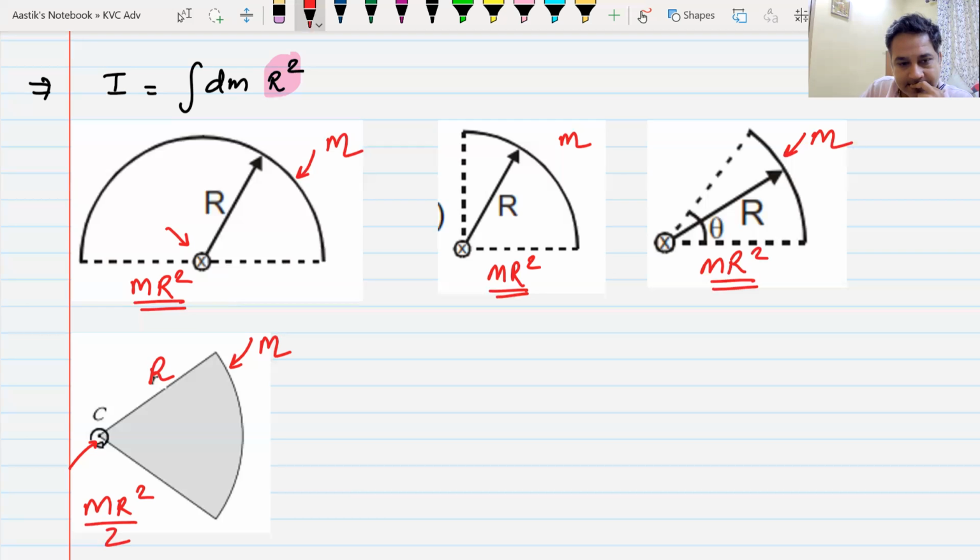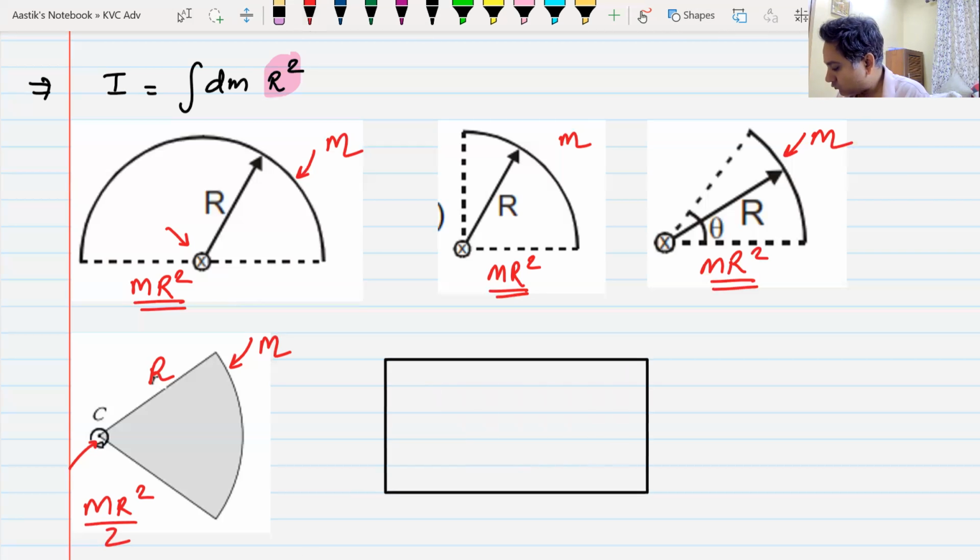Looking for a diagram. Not getting it. So I'll have to make it. This is a rectangle, or I should say a rectangular plate.